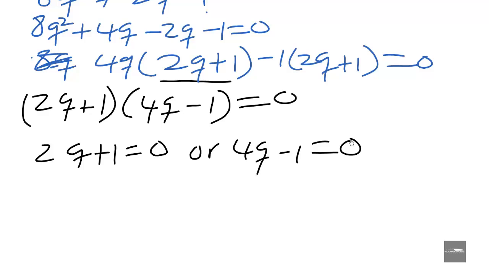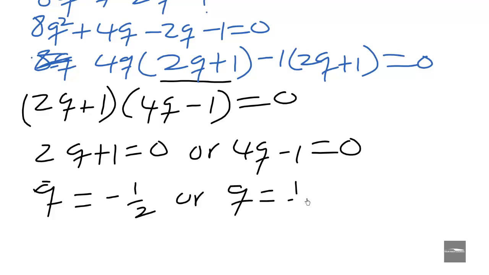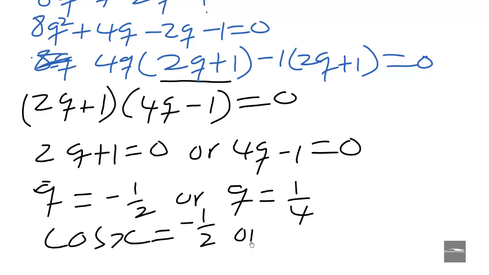When we solve this for q, we get either q equal to negative 1 over 2 or q equal to 1 over 4. So it means cos x is either equal to negative 1 over 2 or cos x is equal to 1 over 4.